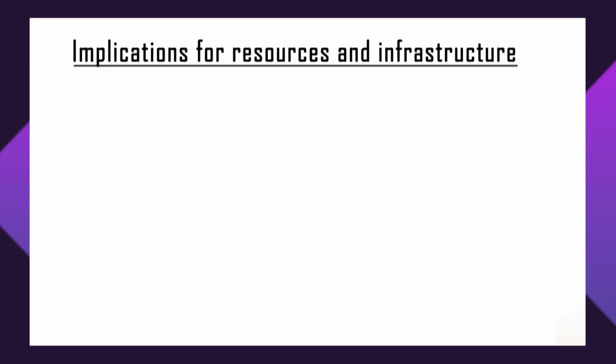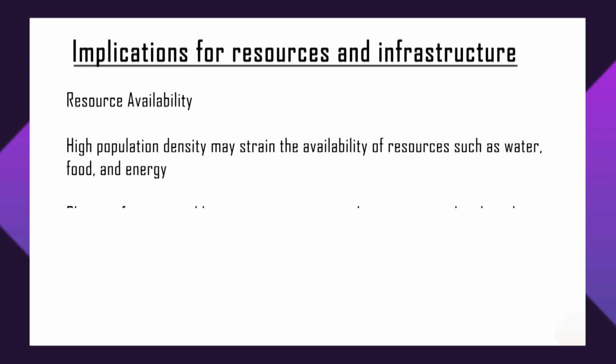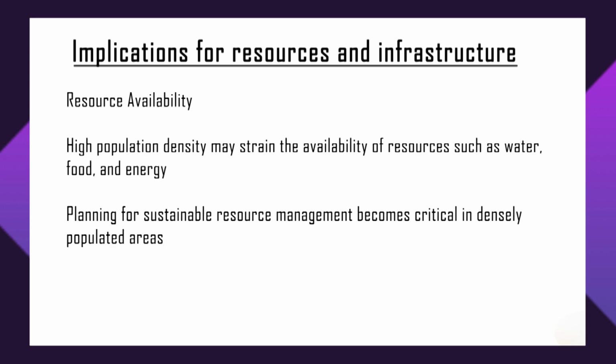Let's talk about the implications for resources and infrastructure. The first one is resource availability. High population density may strain the availability of resources such as water, food and energy. Planning for sustainable resource management becomes very critical in densely populated areas.